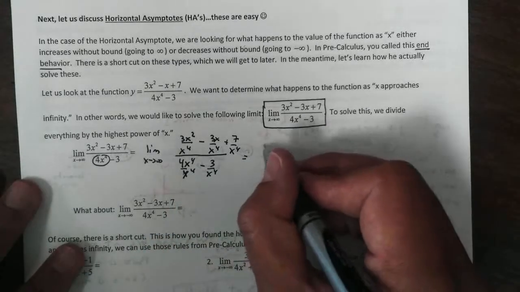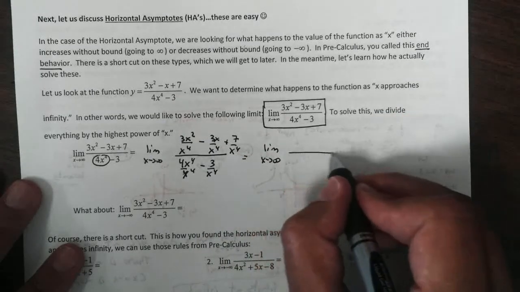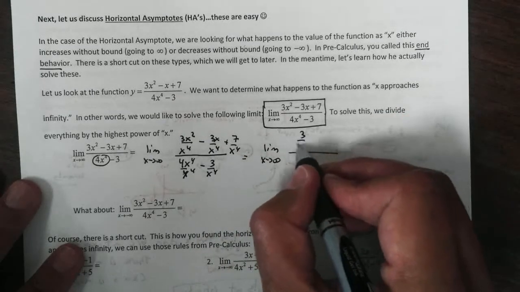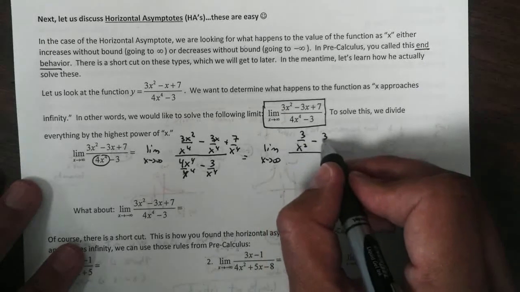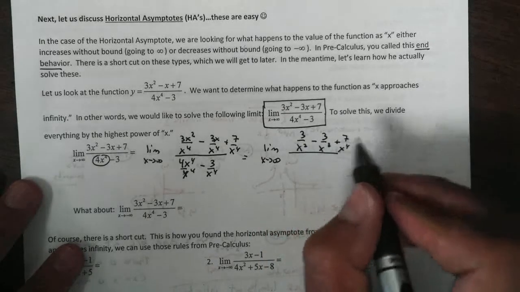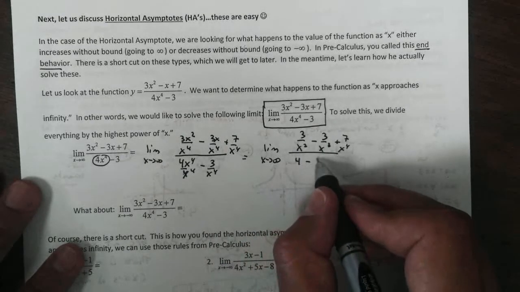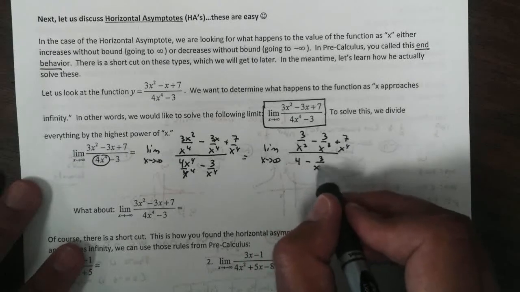I'm going to clean this up a little bit. The top just becomes 3 over x squared minus 3 over x cubed plus 7 over x to the fourth. On the bottom, we would get 4 minus 3 over x to the fourth.